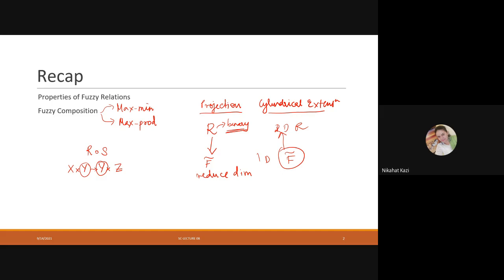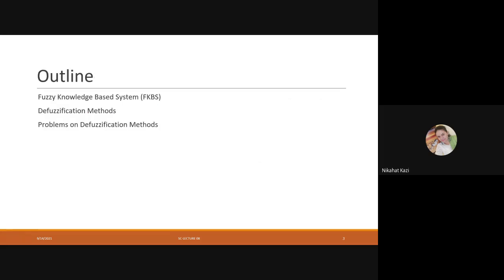Now, I just want to move a bit ahead and talk about a new concept, that is a fuzzy knowledge based system. A fuzzy knowledge based system comprises different components in its architecture, because it is going to solve a problem.